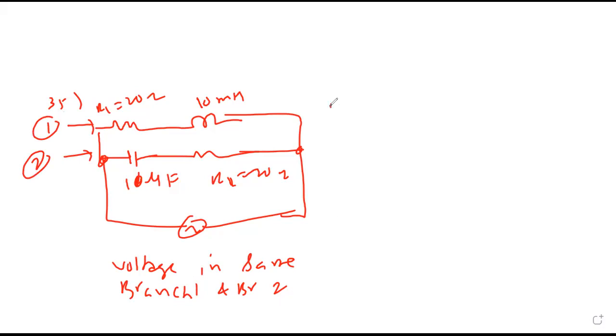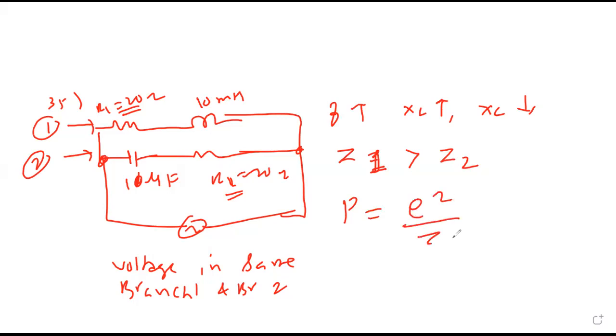Frequency is greater, they are telling a higher frequency. At higher frequency, XL is greater, XC is smaller. So impedance will be more for which branch? Z1 is greater than Z2. Power is E square upon Z. So Z1 is greater, therefore P1 will be less than P2.